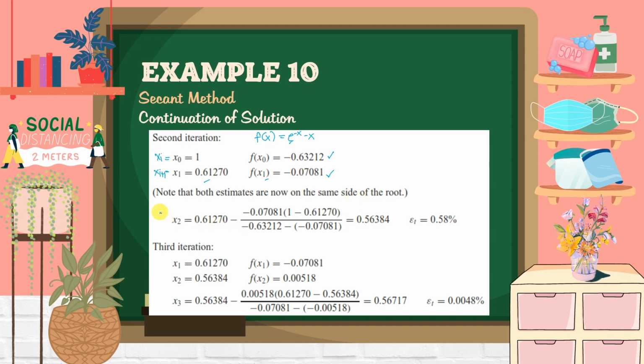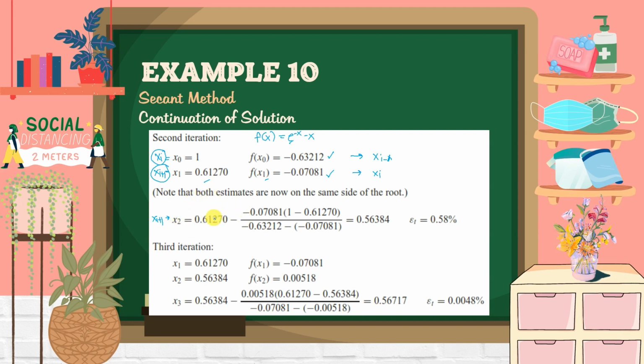So for x sub 2, take note class, for the second iteration, the value of x sub i at the first iteration will now become x sub i minus 1. And the result of x sub i plus 1 on the first iteration will now become x sub i. And x sub 2 will be the x sub i plus 1.